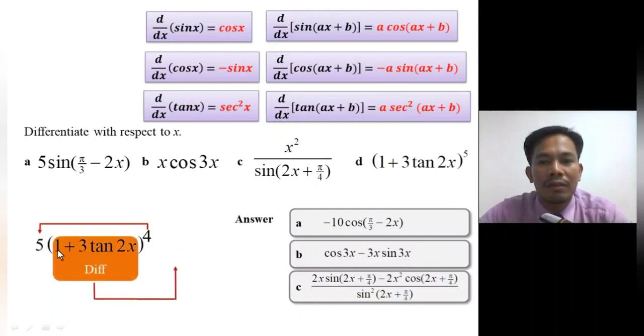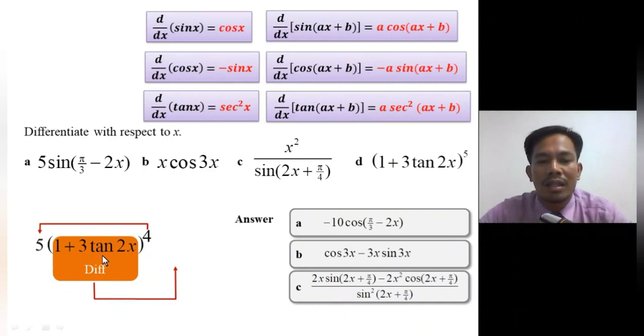Find the derivative of that. There is no derivative of 1, it will become 0. The derivative of tangent 2x is 2 secant squared 2x times the numerical coefficient, which is 3. So 2 times 3 is 6.